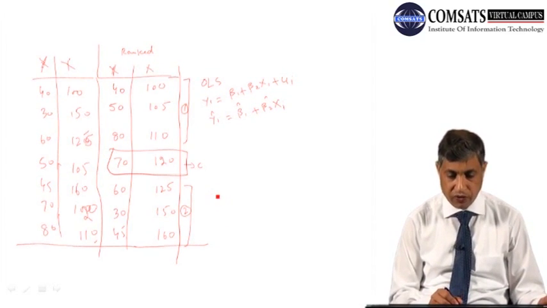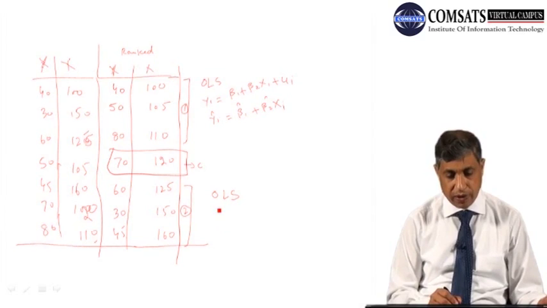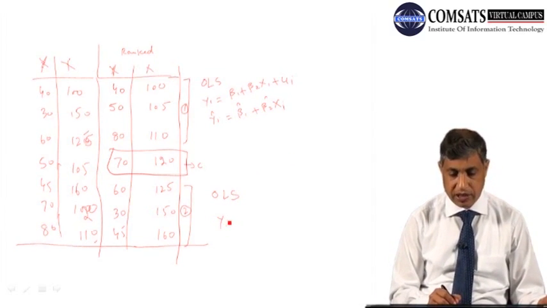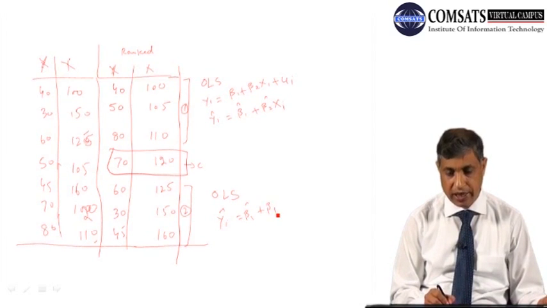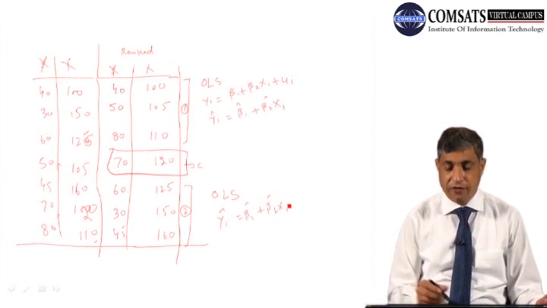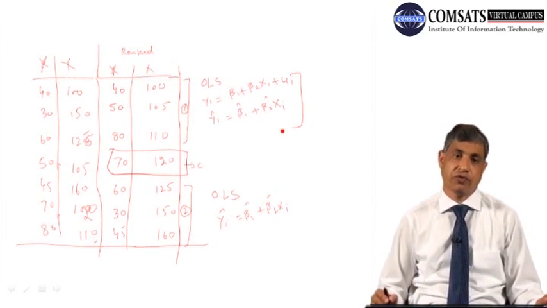Similar things we will be doing. We will be applying the OLS, ordinary least squares, and again in the same scenario we will be estimating yi hat equal to beta 1 hat plus beta 2 hat xi. What is our purpose of doing this? From all this, we will be getting the residual sum of squares.